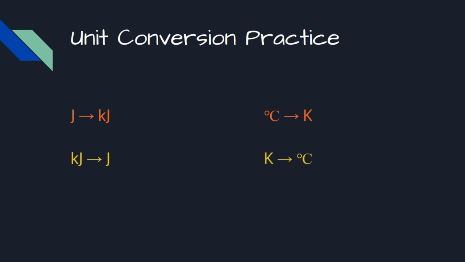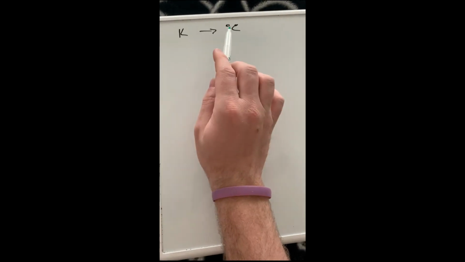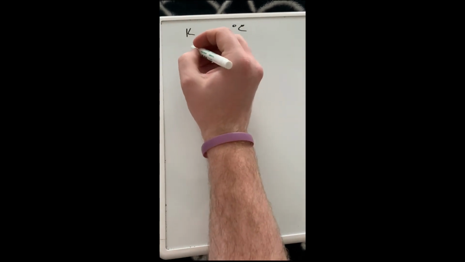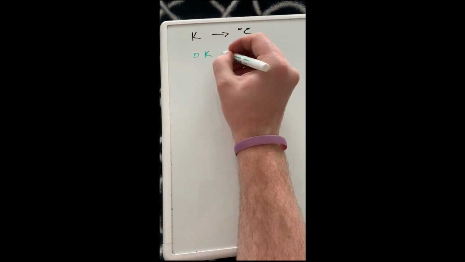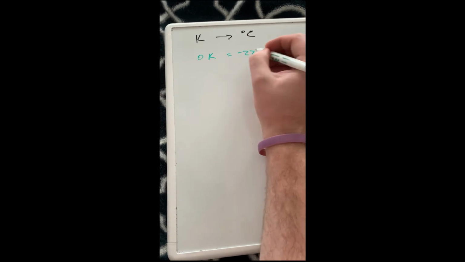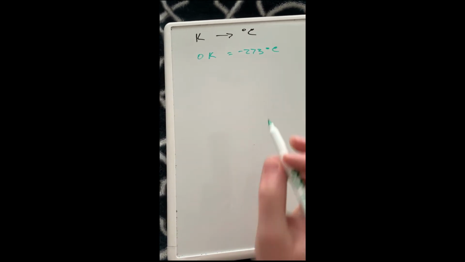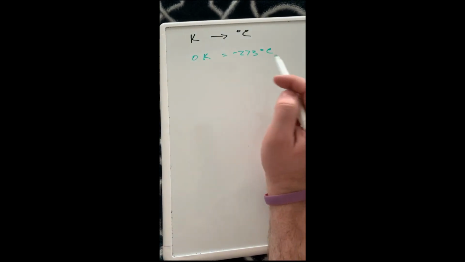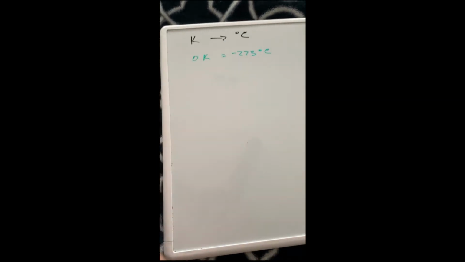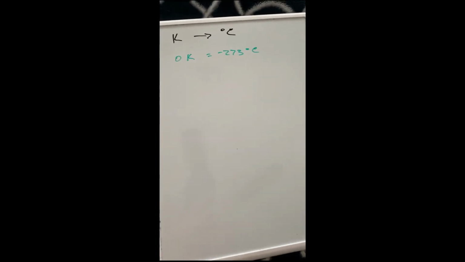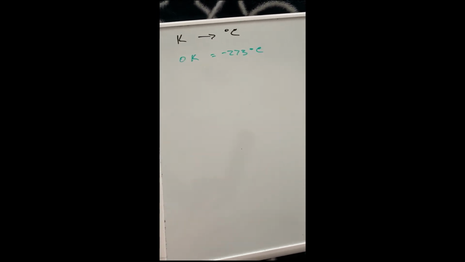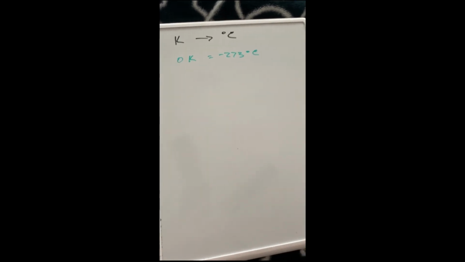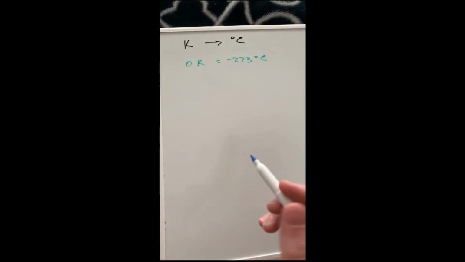And now let's practice the reverse process where we'll go from Kelvin to degrees Celsius. Remember that 0 K is equal to negative 273 degrees Celsius. If you look this up online, it'll say 273.15, but we're going to ignore that 0.15 degrees in the calculations that we're doing because it's not going to make a big enough difference that we care about it.